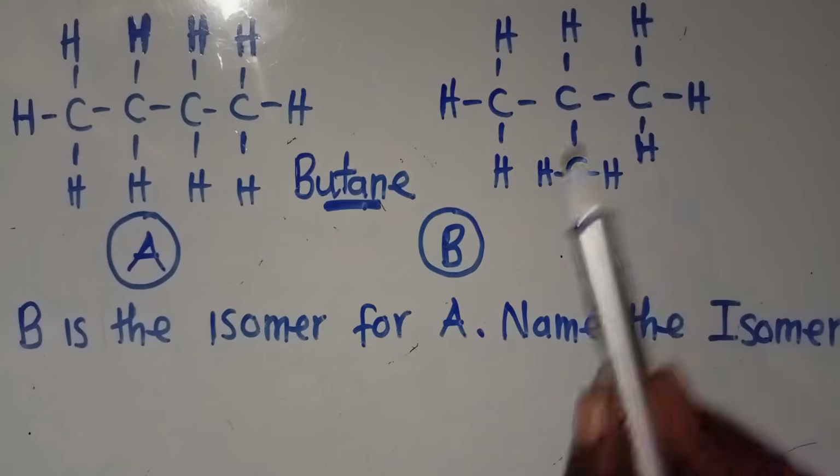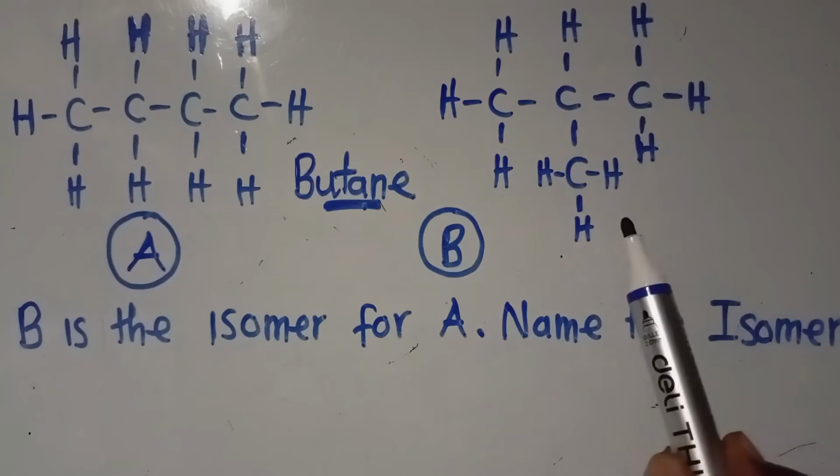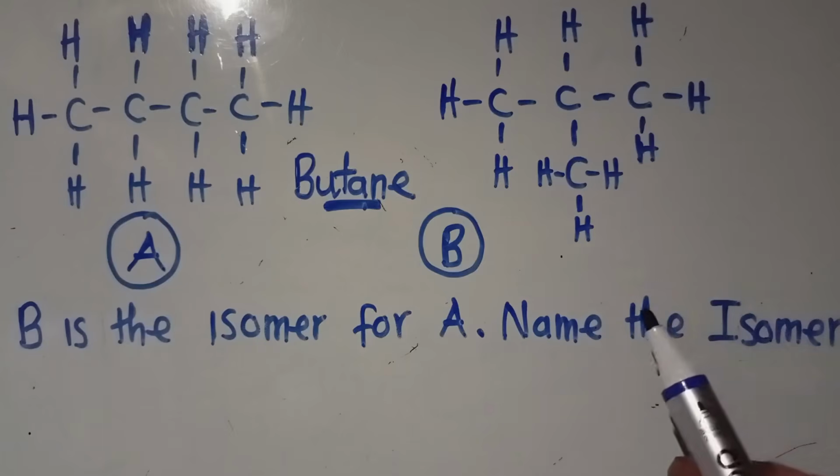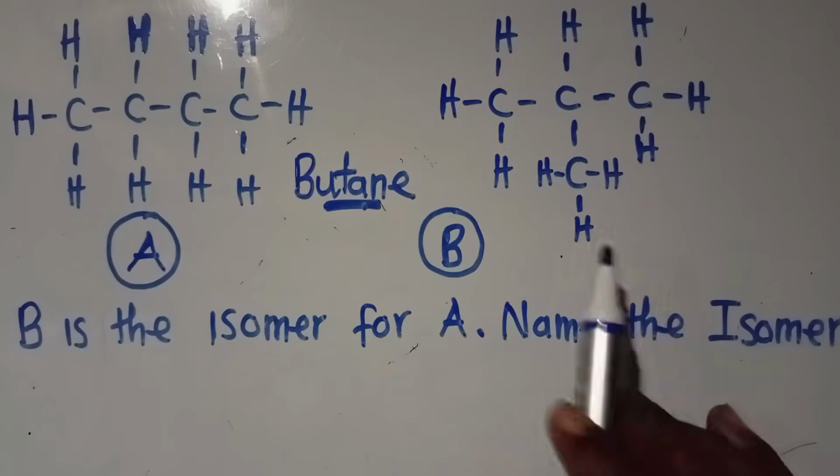Before you name this isomer, you first need to know what an isomer is. Whenever we are talking about isomers, we are just talking about compounds with similar chemical formulas but different structural formulas.